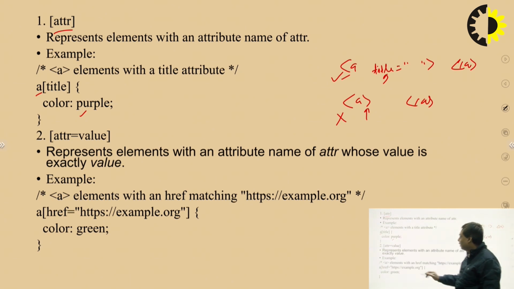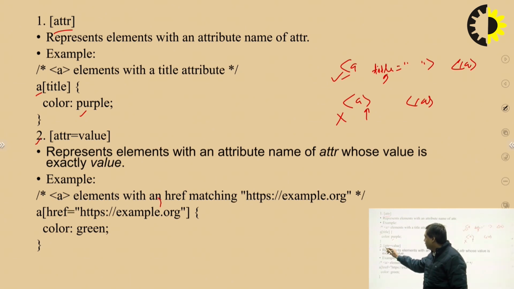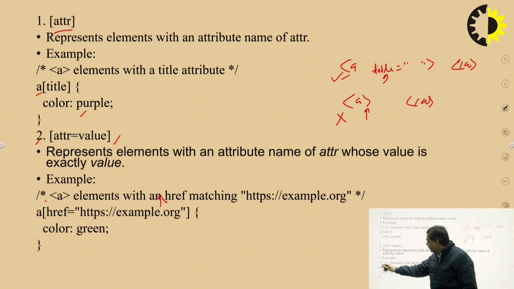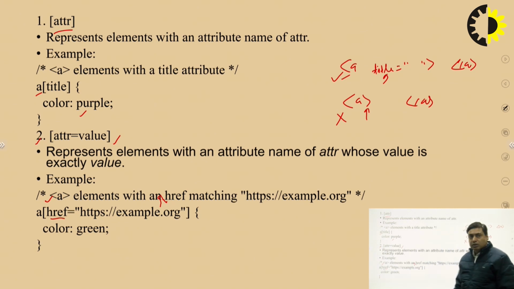The second rule suggests that we have an attribute name and we are giving a particular value. For example, again we have taken the example of the anchor tag. Here the name of the attribute is href and the value of this href is example.org.